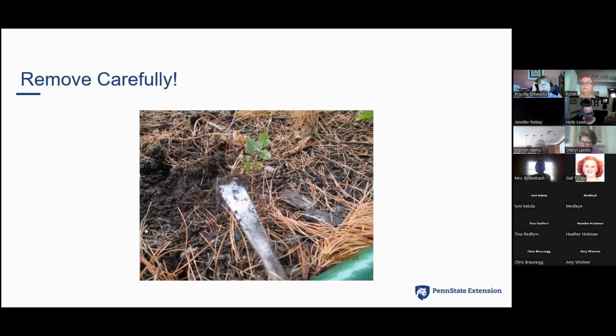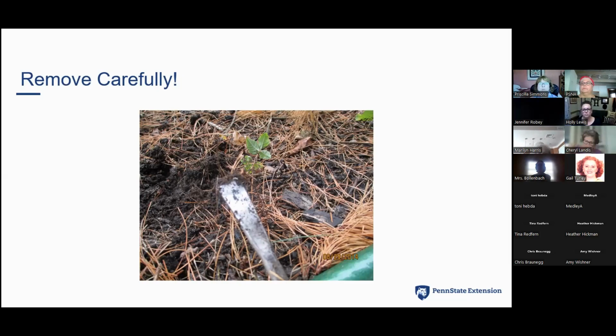Removal. My practice is this. I always wear garden gloves to begin with. And when I see poison ivy, I put 2 plastic bags over my gloves and I turn them back so that my fingers can pull the poison ivy out.